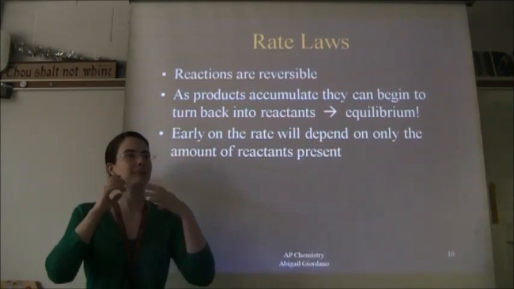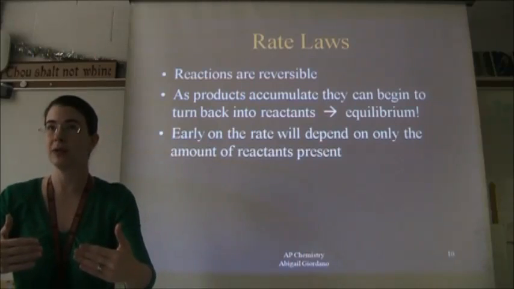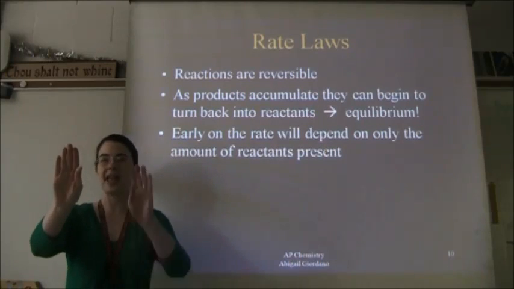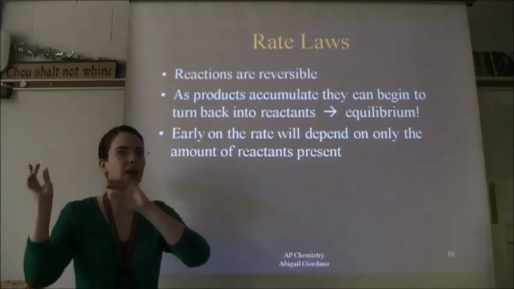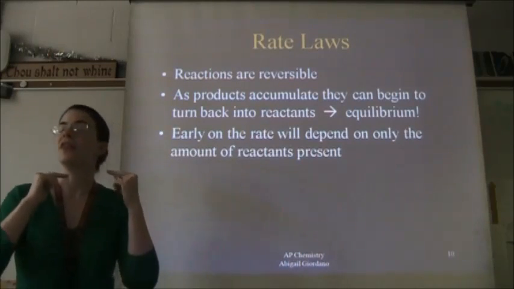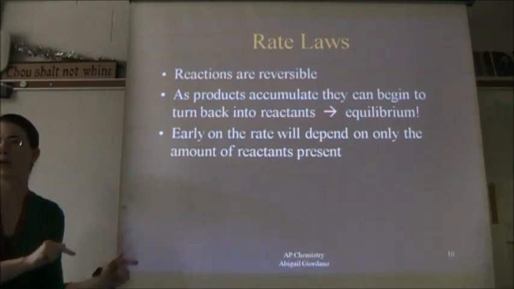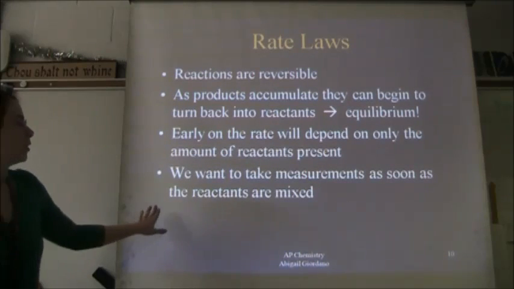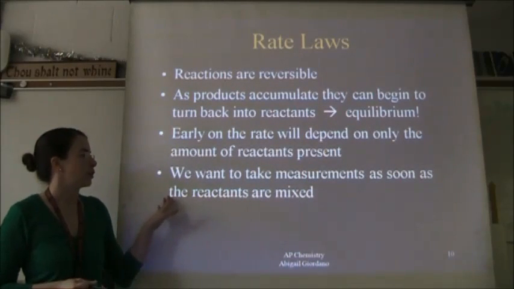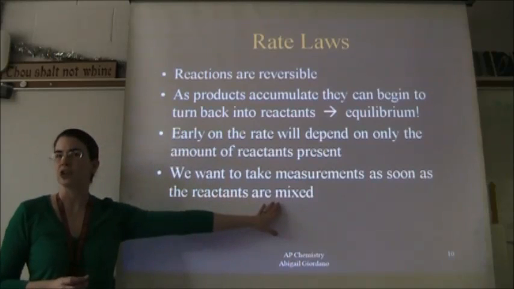Call it time 0. I have reactants A and B. At the moment that I mix them together and the reaction starts to go, that is when we want to calculate the rate. So we're going to look at the moment the reactants are mixed.